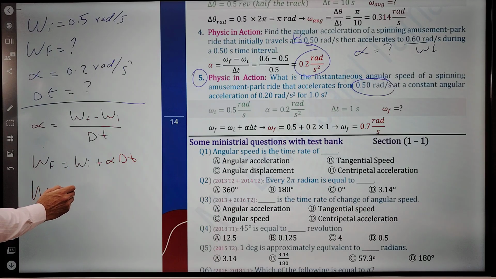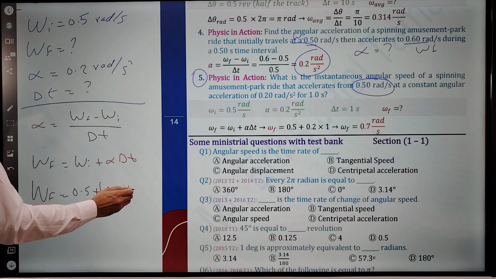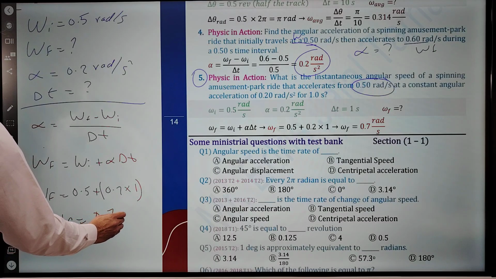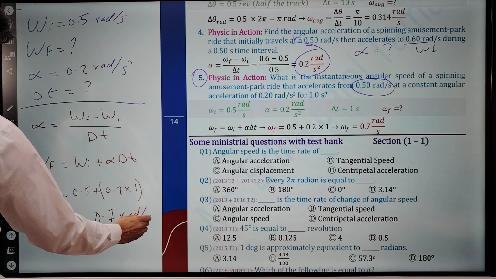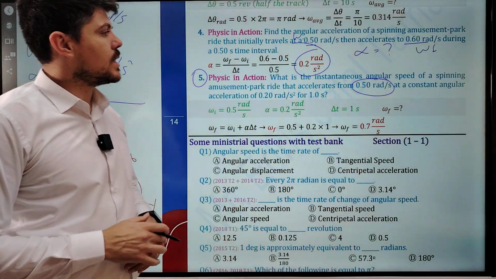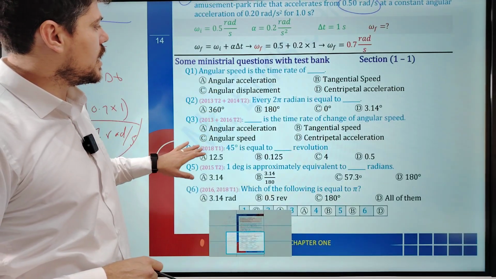Replace omega initial, which was given; alpha also was given; time is 1. Omega final is equal to 0.7 rad per second.